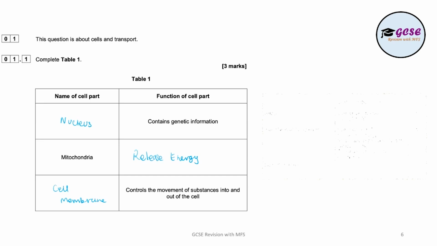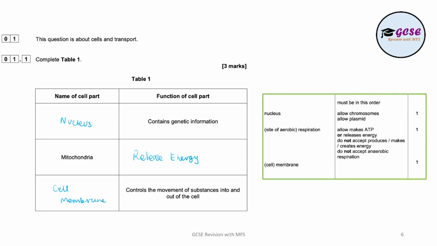If I show you the mark scheme, this is what they're asking. It has to be in this order. So we've got the nucleus over here, site of respiration, allow makes ATP or releases energy. Do not allow produces or makes or creates energy. It doesn't do that. It releases energy. We've got ATP in the mitochondria, which is the energy.